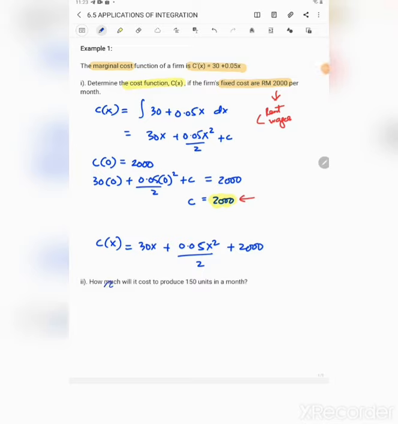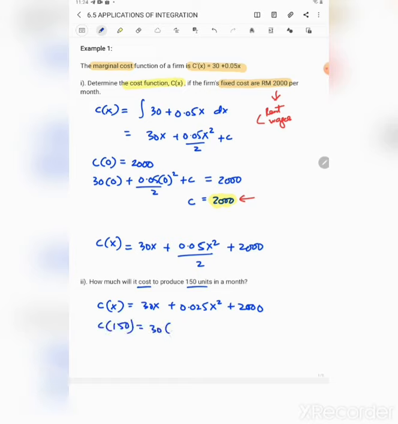For number 2, how much will it cost to produce 150 units in a month? When the question asks about the cost of producing 150 units, you just replace x with the value 150 in the cost function. When we simplify the cost function that we get in number 1, 0.05 divided by 2, we get 0.025x squared plus 2000. Then we substitute 150.